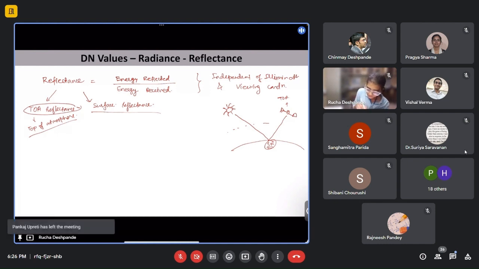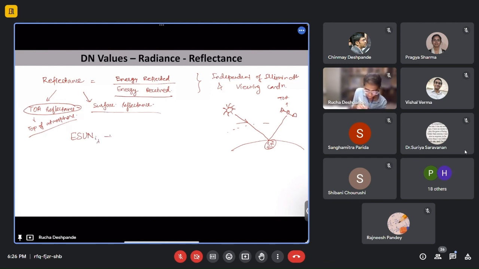So reflectance is energy reflected divided by energy received. Let's look at each term, the numerator and denominator. Energy received from the sun is measured in terms of E sun incident lambda.